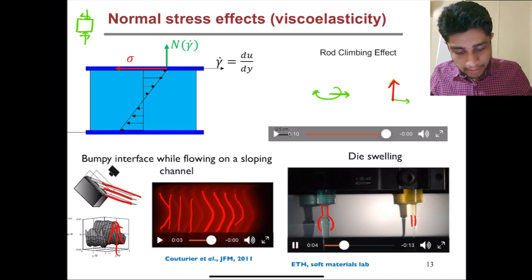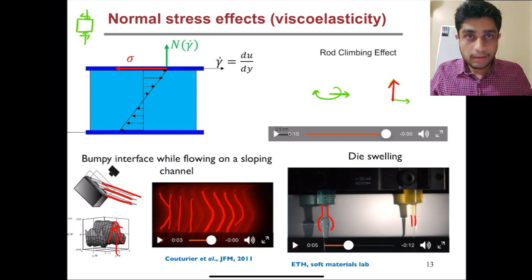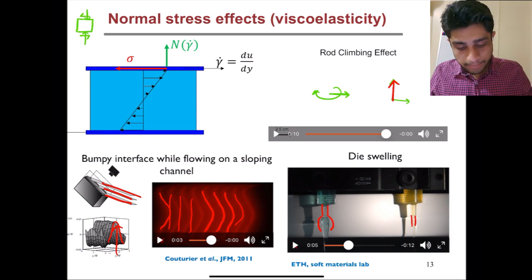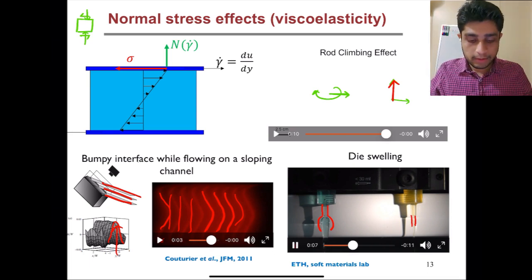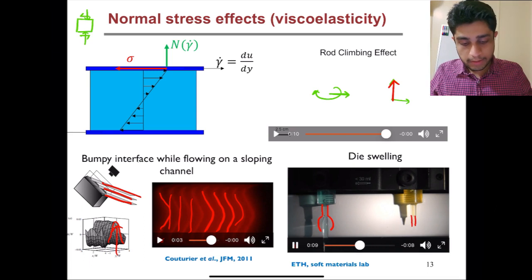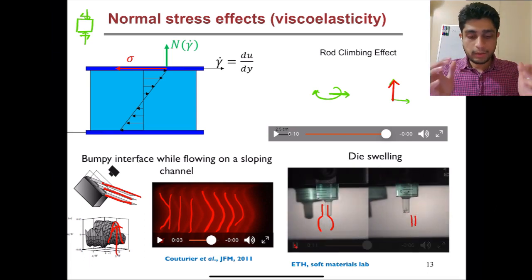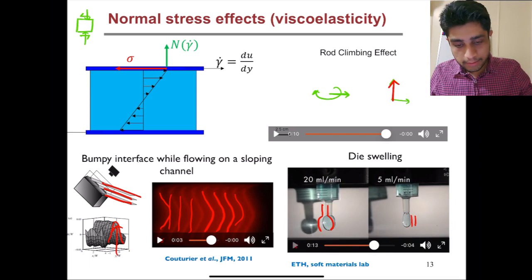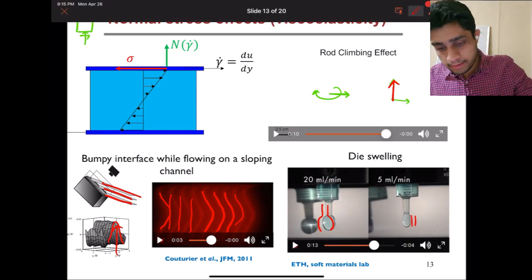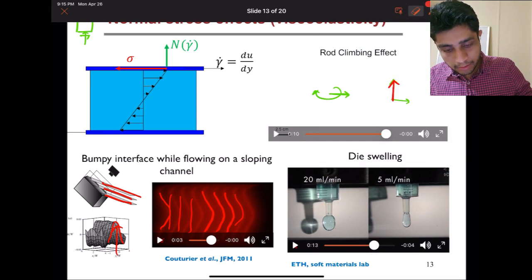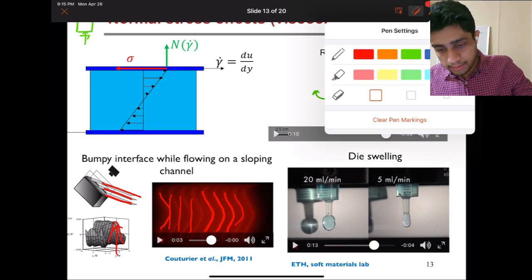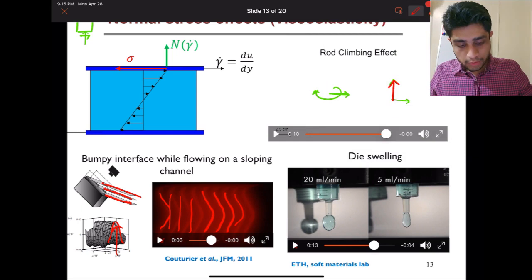And this is a typical polymer solution. It is produced by dissolving polymers in a solution. And if we increase the concentration of these polymers, you can expect the swelling to increase, which is shown again in this video.